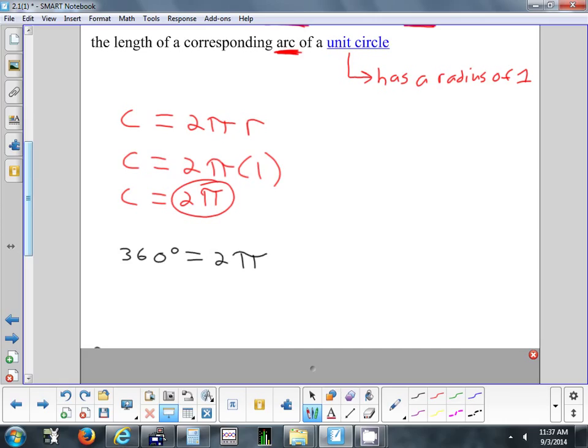Okay, and I want to simplify that fact a little bit. I want to reduce each side if I can. This fact is kind of like me telling you there's 36 inches and 3 feet. If I told you that, you could use that fact to figure out any conversions. If I said how many feet are in 80 inches, you could use the fact that in 36 inches there's 3 feet to figure that out.